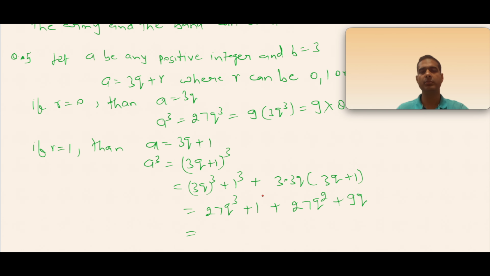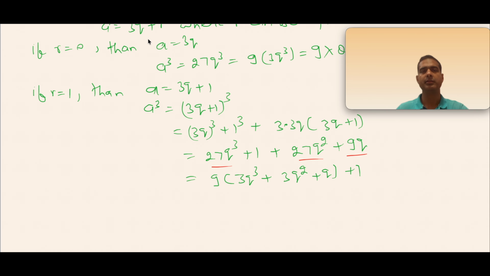All these numbers are multiples of 9, so we can take 9 common, because we have to show 9m or 9m plus 1 or 9m plus 8. Taking 9 common, we are left with 3q cube plus 3q square plus q, times 9, plus 1. Again, this whole thing will be some positive integer, so we can assume it as m, so it will be of the form 9m plus 1.